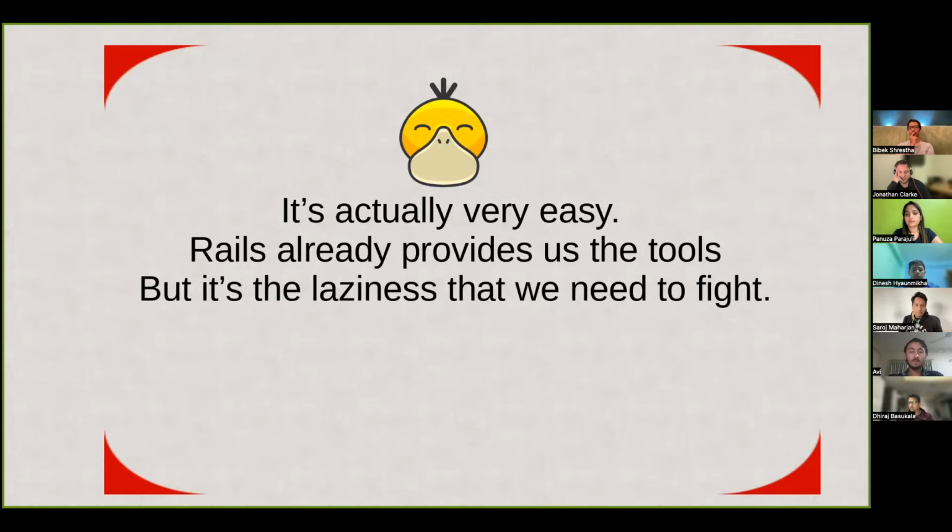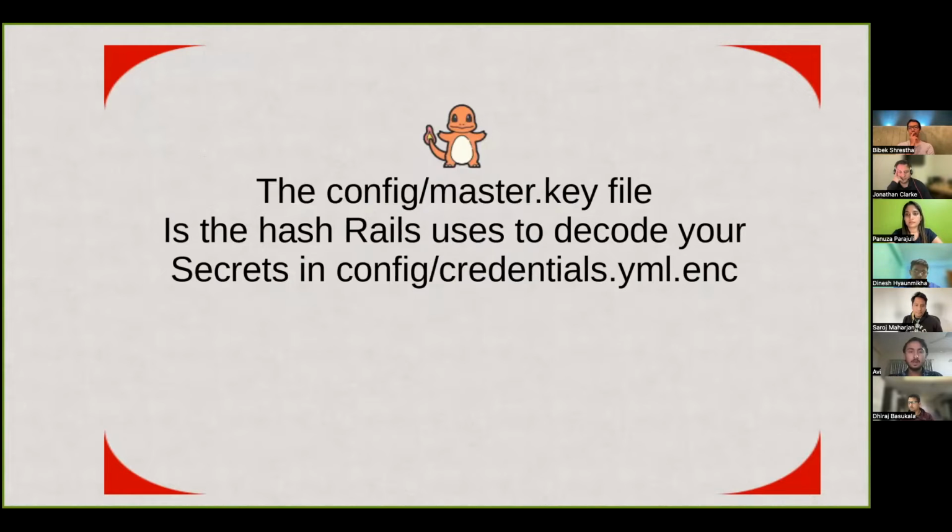Okay, so it's basically very simple, right? What you need to understand is that in a new Rails application, there is a master.key file inside the config directory. That is actually the key that Rails uses to decode your secrets in credentials.yml.enc. So you write your secrets inside credentials.yml.enc, and Rails uses the master.key inside your config directory to decode it and then provide you the values.